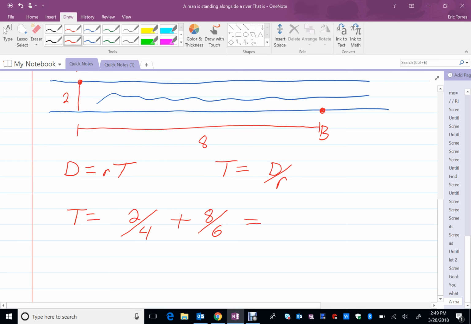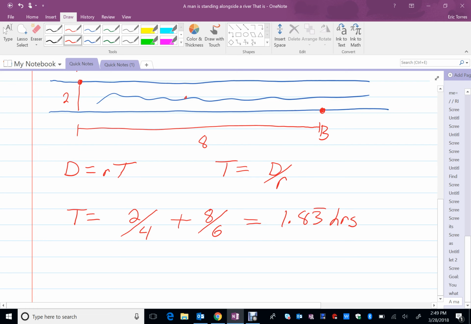So if he directly crosses the river and then runs down it, it will take him a total of approximately 1.83 repeating hours. Okay, that's option number one.